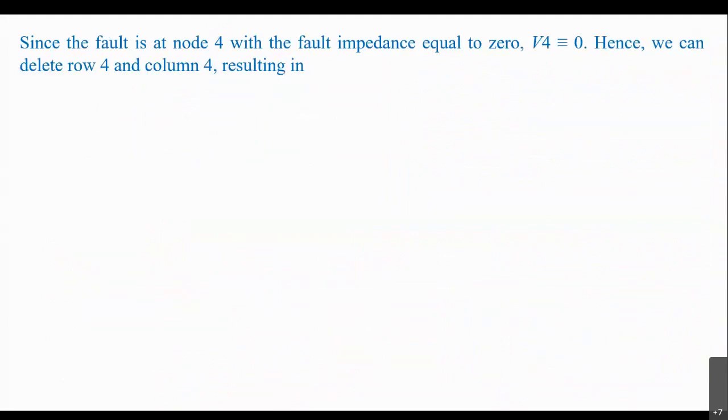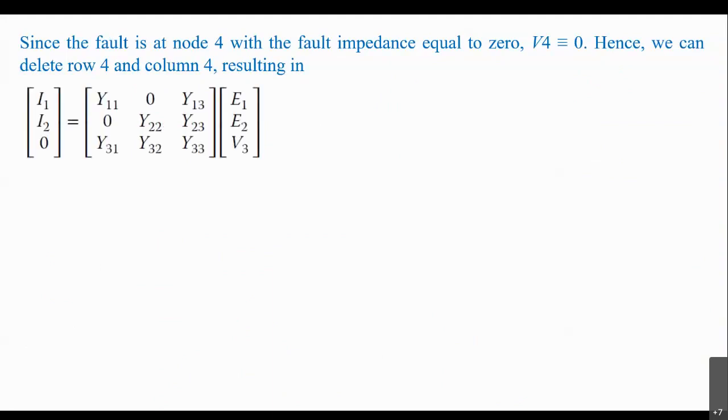If it is a bolted fault, then your I4 also will become 0, right? Since the fault at node 4 has fault impedance equal to 0, V4 will become 0. Hence we can delete row 4 and column 4. Because V4 is 0, I4 will also become 0.